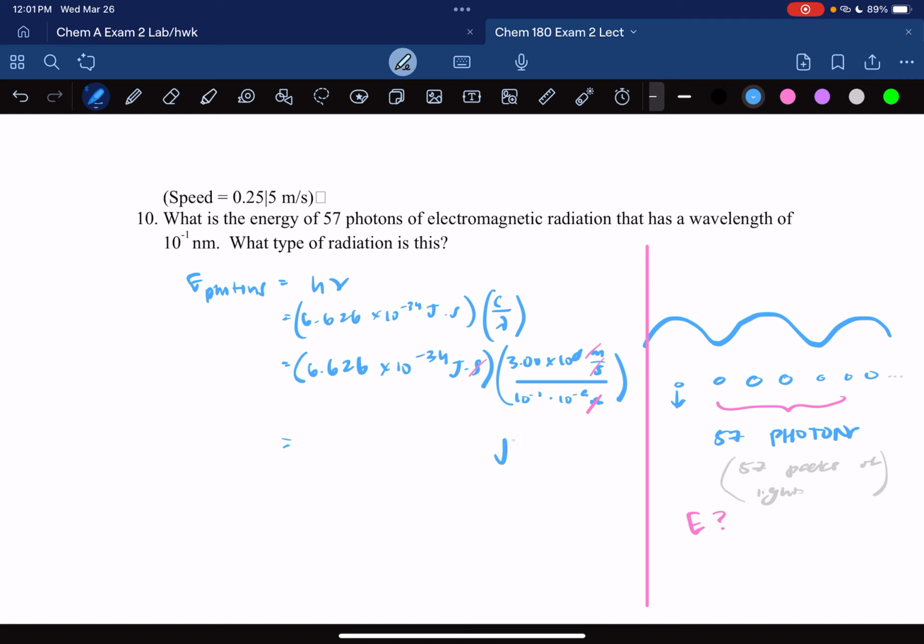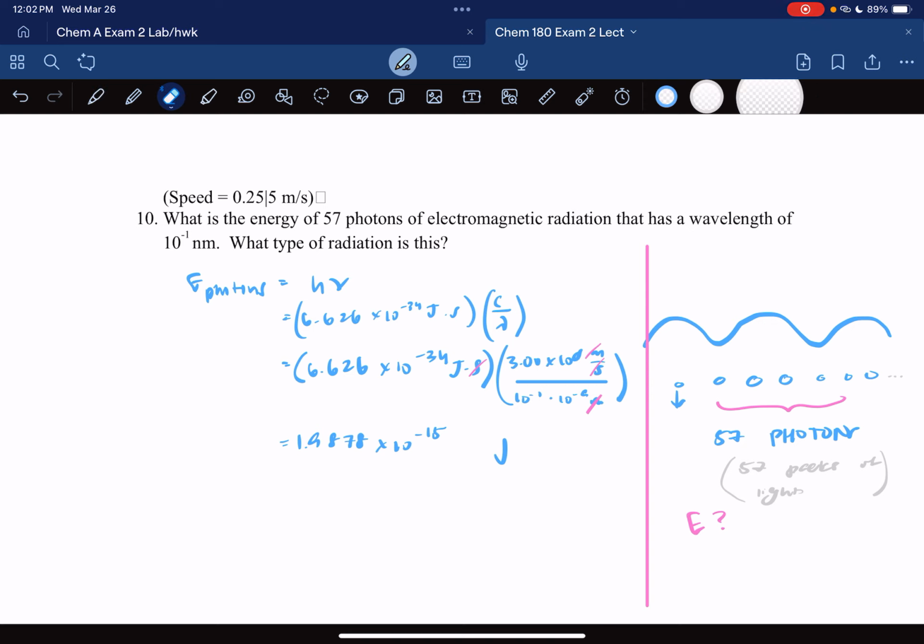So let's see, what is that? Equal to 1.9878 times 10 to the minus 15 joules. Is that for 57 photons? No, for one photon. Just understand that is per photon.